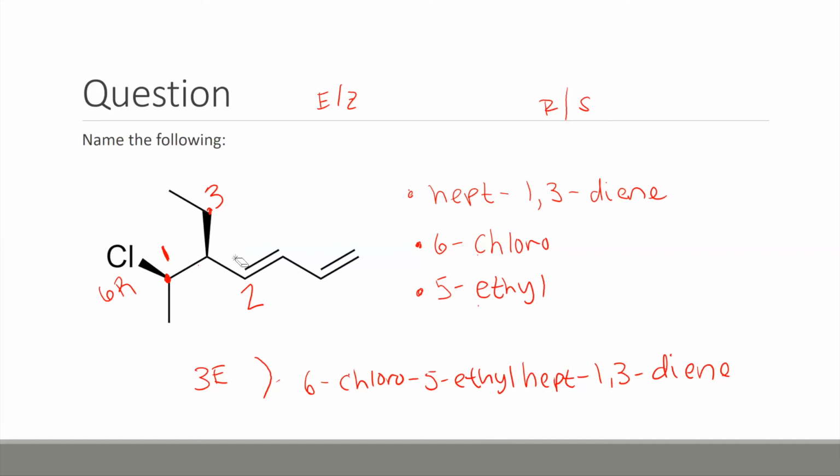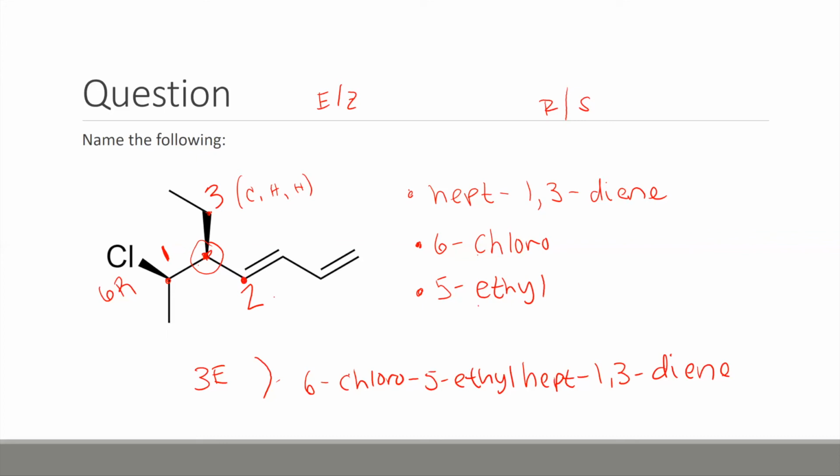And again, to see why these are labeled these priorities, if we look at what our chiral center is attached to, it has a carbon, and a carbon, which is all the same. So we look at what those carbons are attached to. This top carbon is directly attached to a carbon, a hydrogen, and a hydrogen.